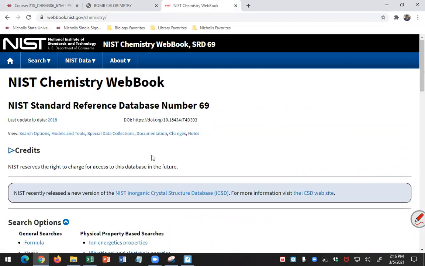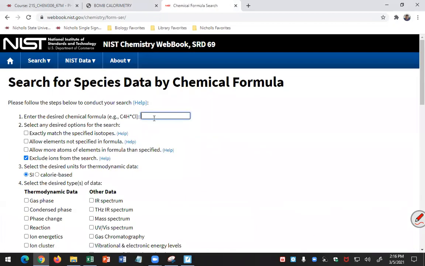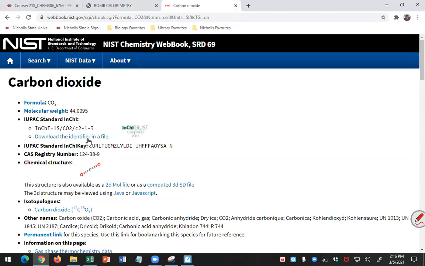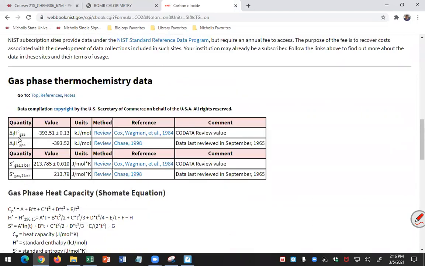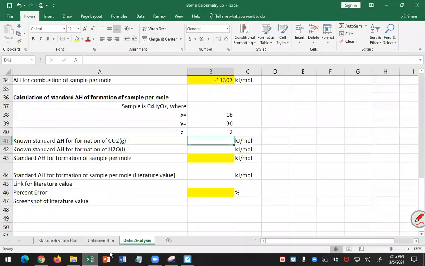Look for CO2 gas, formula CO2, gas phase, search. And you can see right here, delta H formation of carbon dioxide is negative 393.51. Okay, so I'll enter that over here, minus 393.51. What is it for water? Someone look it up for me. You're going to have to look it up and take a screenshot.